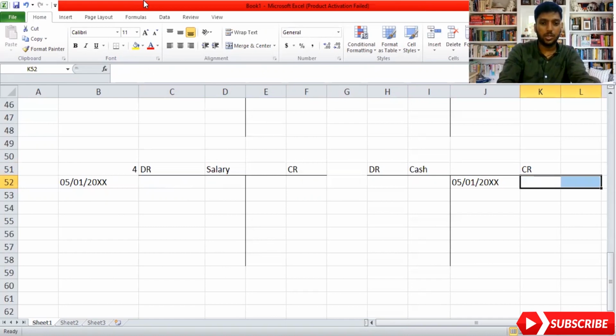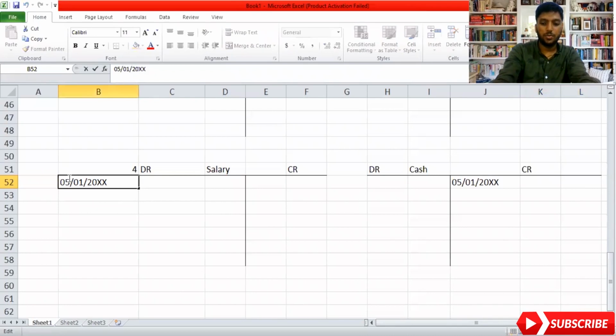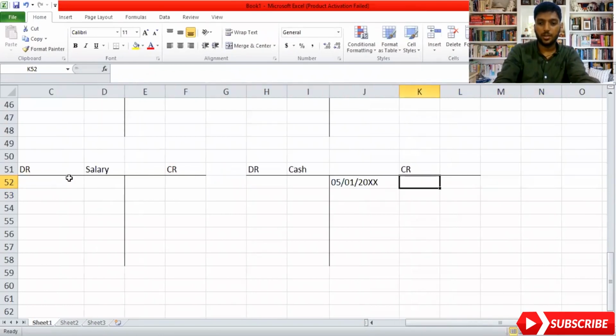Let me have a look. It is not the same. It's 6th. So I'm going to change the date here. 6th first 2000. So it's an expense account, so I can't keep the date here. 6th. Cash is going out. First 2000.